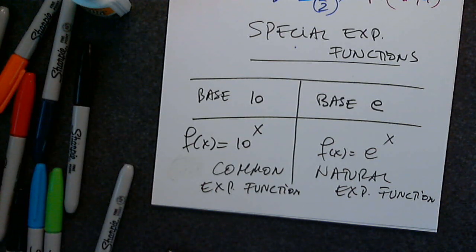And you see in my software, I have the first one in blue and the second one in red, and I will use the standard viewing window. Here it comes. That's 10 to the x, closer to the y-axis because the base is greater. And here comes e to the x a little bit further away from the y-axis because e is smaller. It's 2.7.